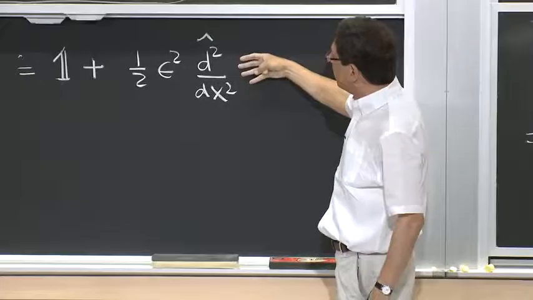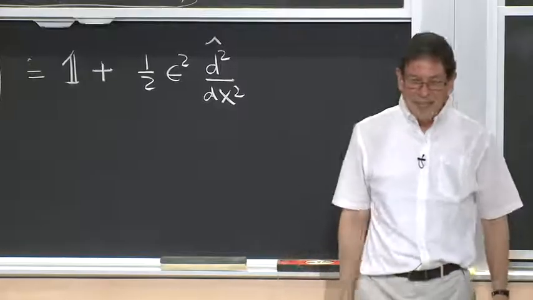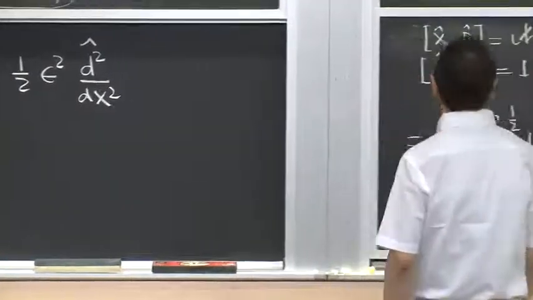If the second derivatives are bounded as you take epsilon to 0, this will not matter.